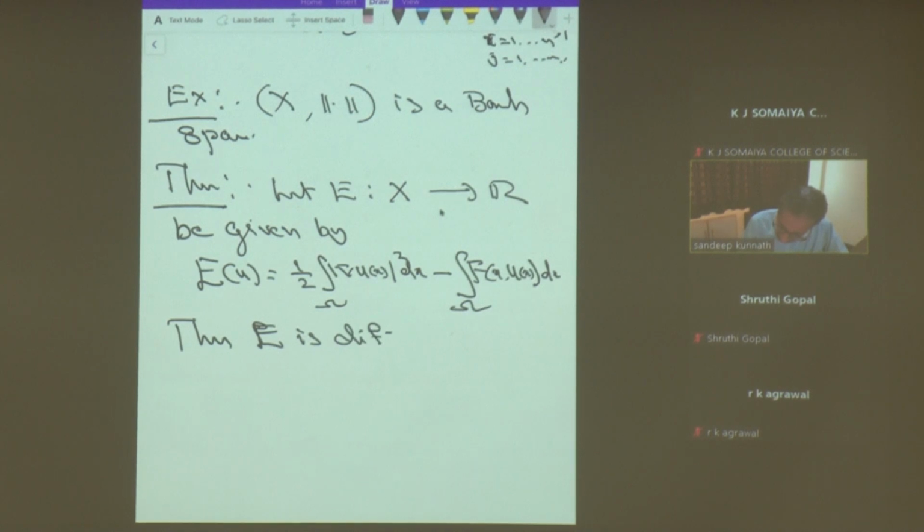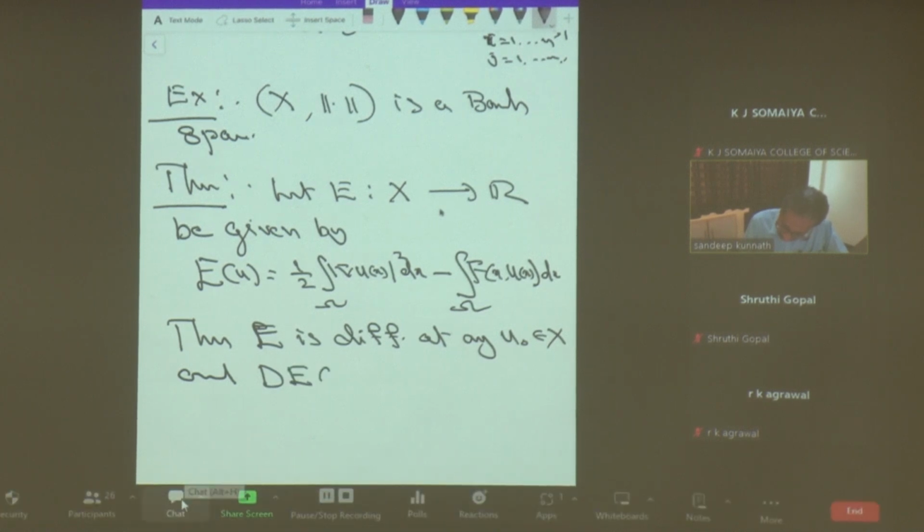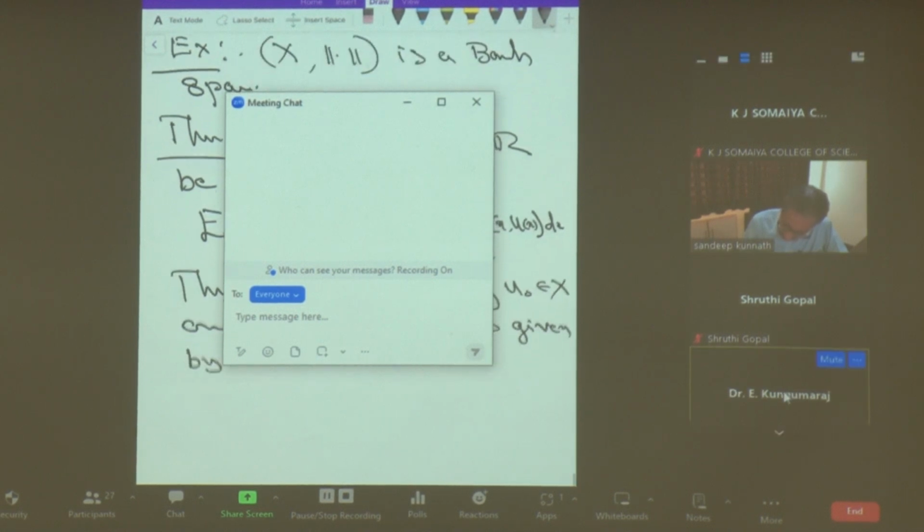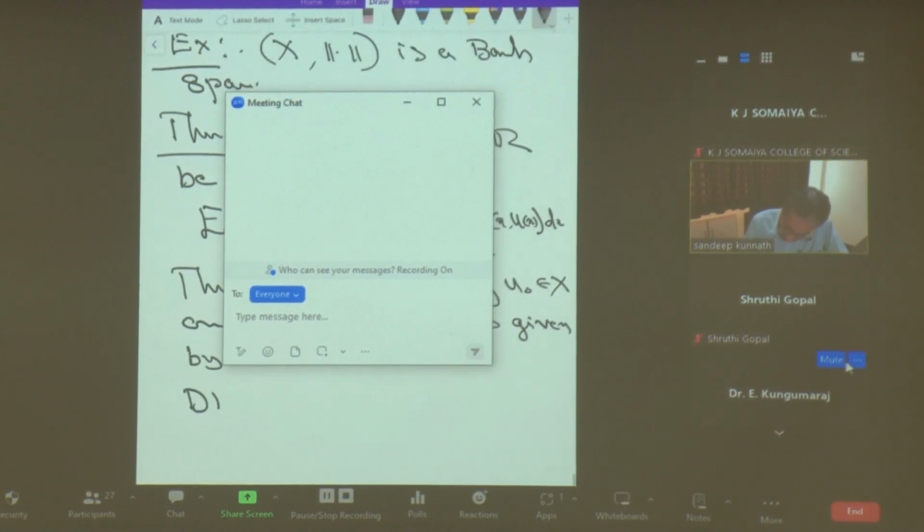E is differentiable at any u0 element of X, and the derivative of E at the point u0 is an element in X star, given by dE at u0.